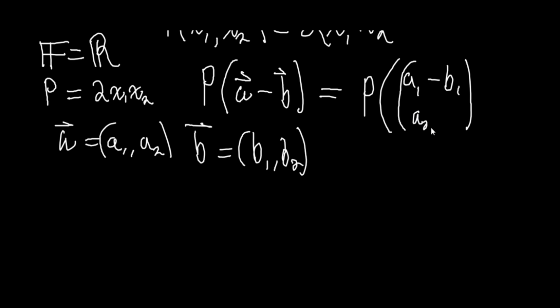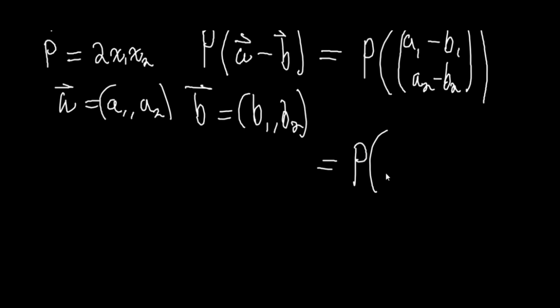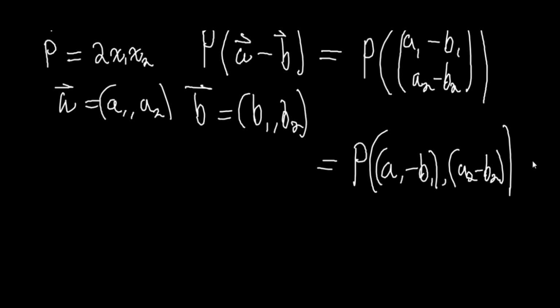This is the same thing as saying we're going to substitute a1 minus b1 everywhere we see an x1, and we're going to substitute a2 minus b2 everywhere we see an x2.